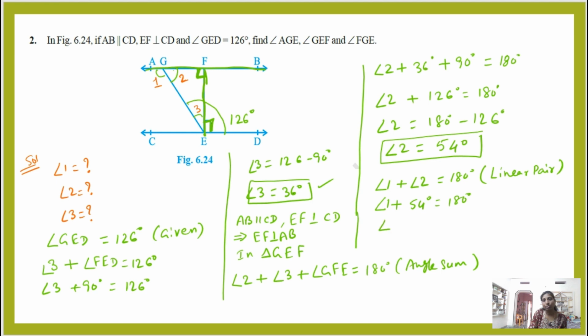So angle 1 is equal to 180 minus 54, which is 126 degrees. So these are our answers.